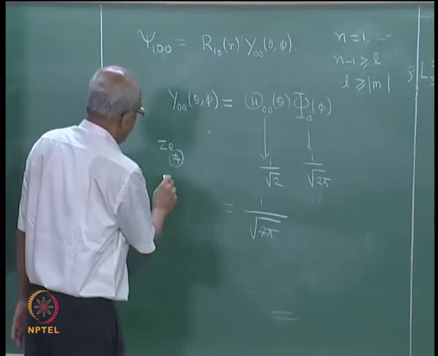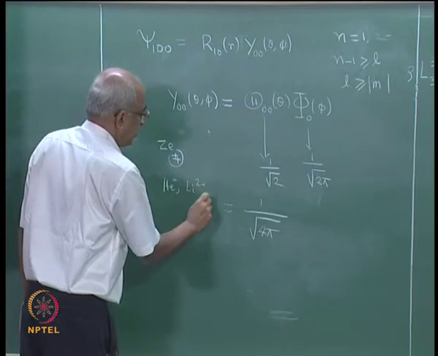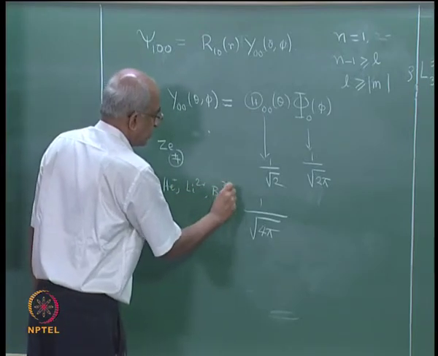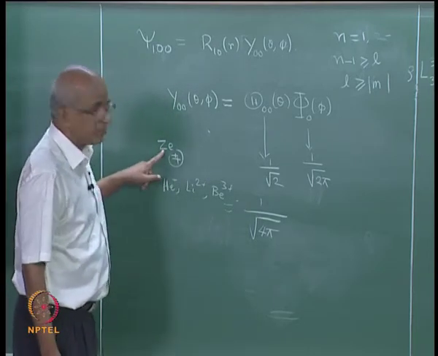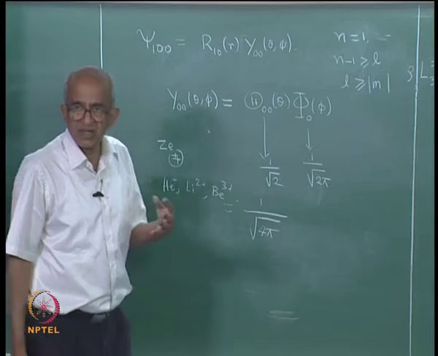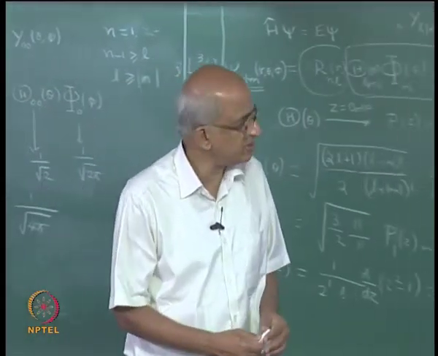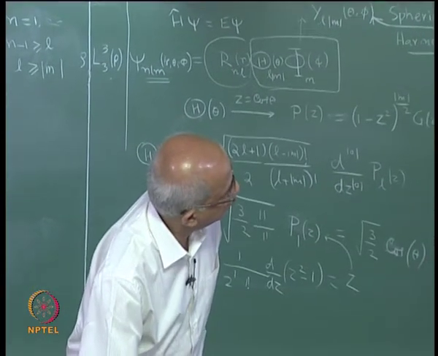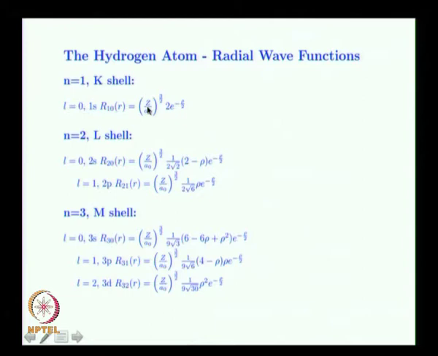So, this will be valid for helium ion, it will be valid for Li 2 plus or beryllium 3 plus and so on. For He plus, the value of Z will be 2, but because we are interested only in the case of the hydrogen atom, all that I need to do is take this expression and say that because I am interested in the hydrogen atom, this Z is simply equal to 1.